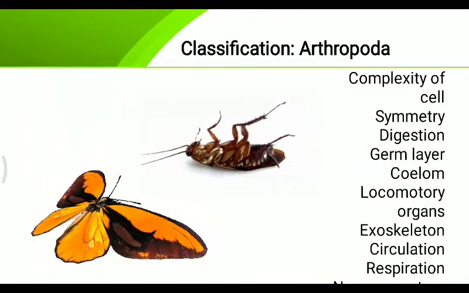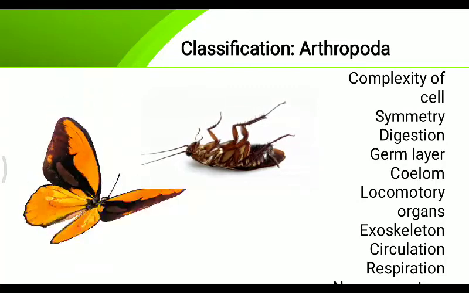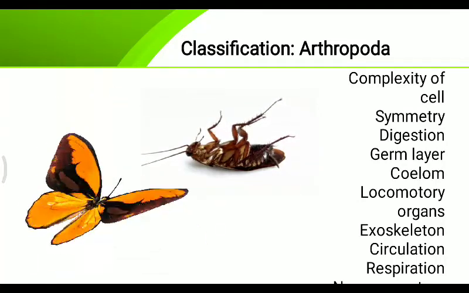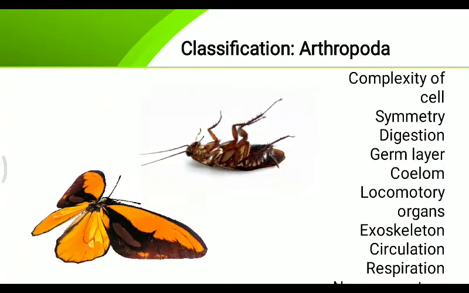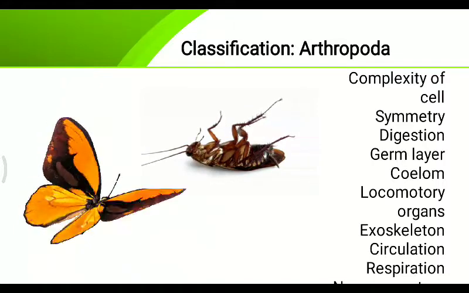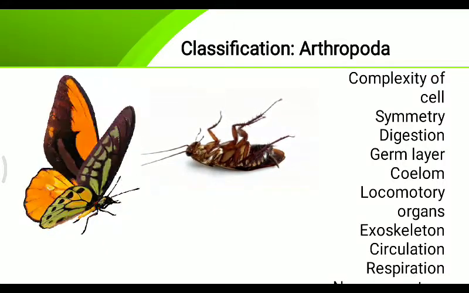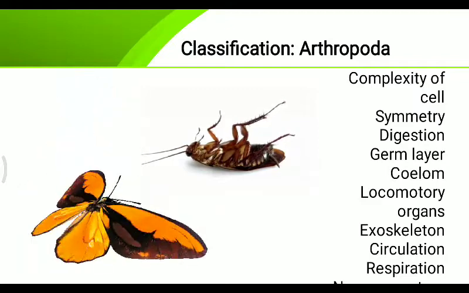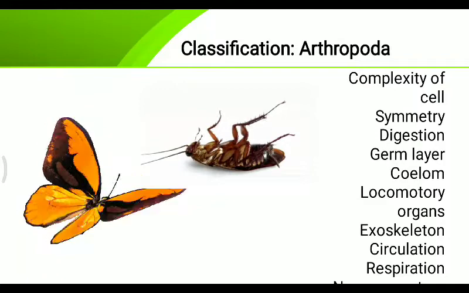The next phylum is Arthropoda. The word arthritis everybody knows, and arthritis stands for a painful disease of joints. So arthro indicates the joint, and Arthropoda indicates organisms with jointed legs or jointed appendages.